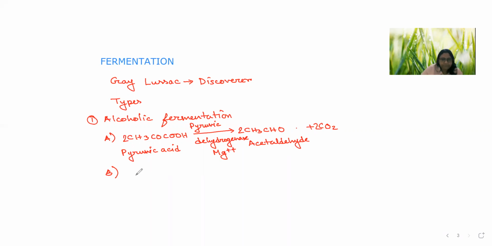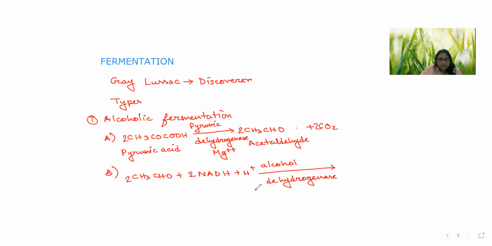So in the second step, this acetaldehyde, in presence of 2 NADH plus H plus, and using the enzyme called alcohol dehydrogenase, produces what? That is ethanol and 2 NAD plus.